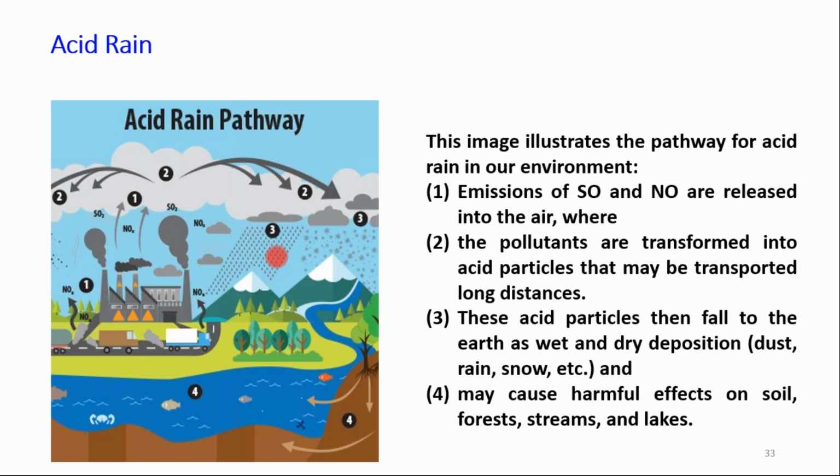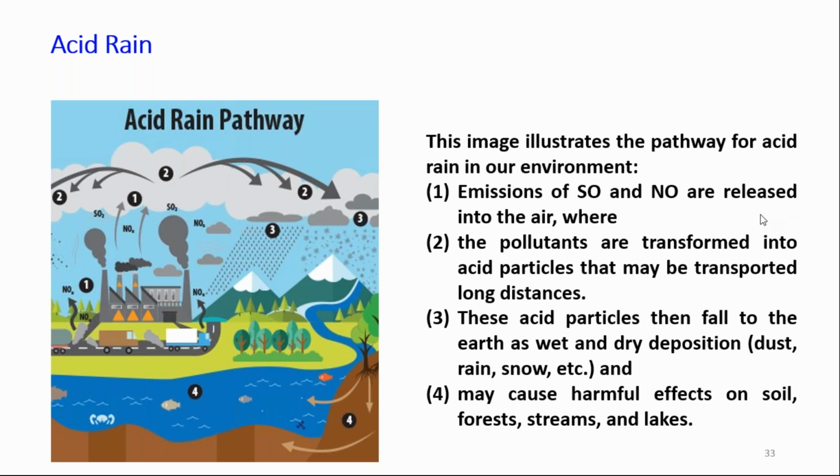So this is the simple phenomenon of acid rain. It is the combination of H2SO4, HNO3 and HCl. These acids are produced due to sulfur derivatives and nitrogen derivatives.